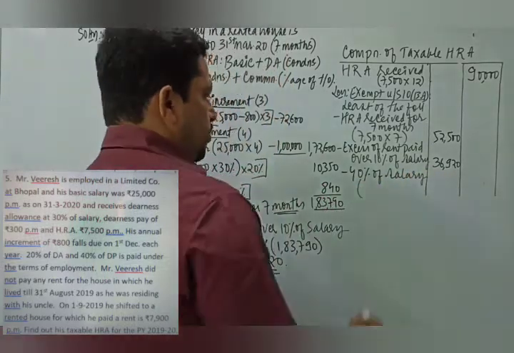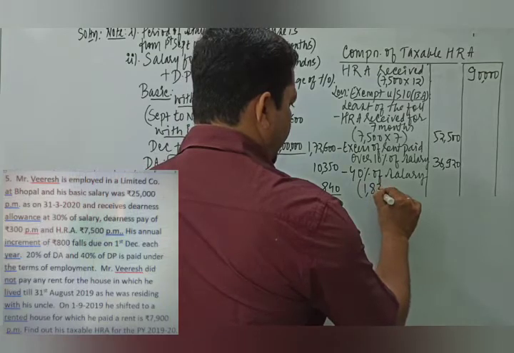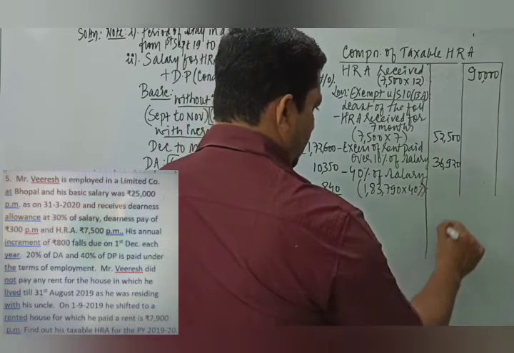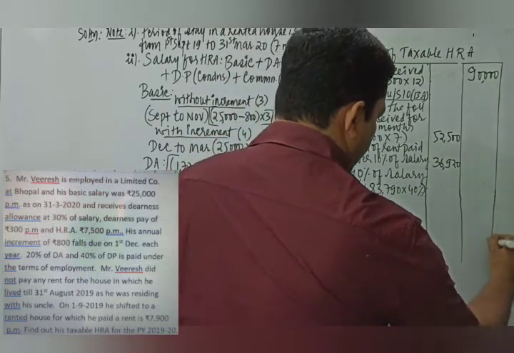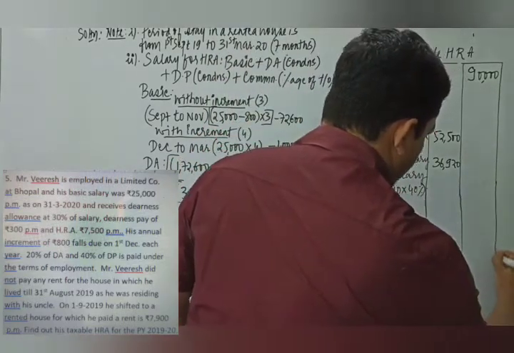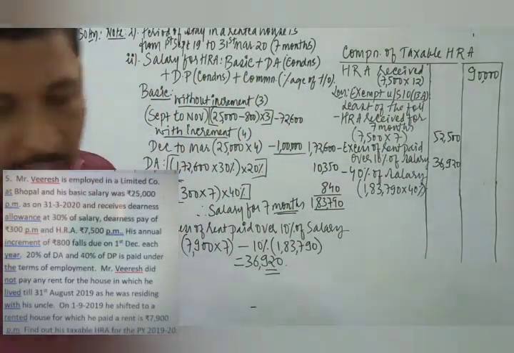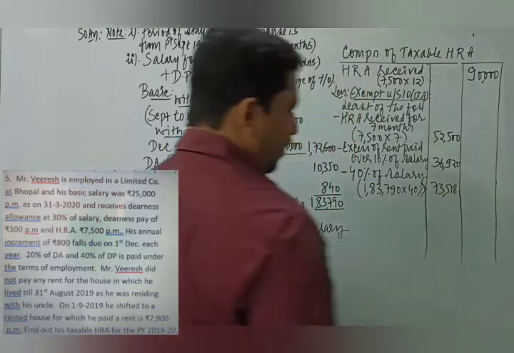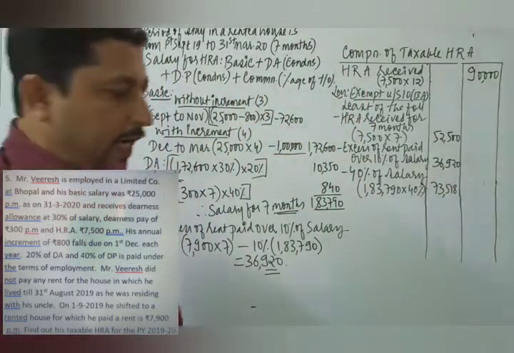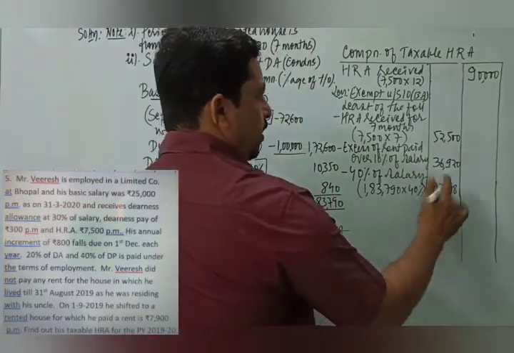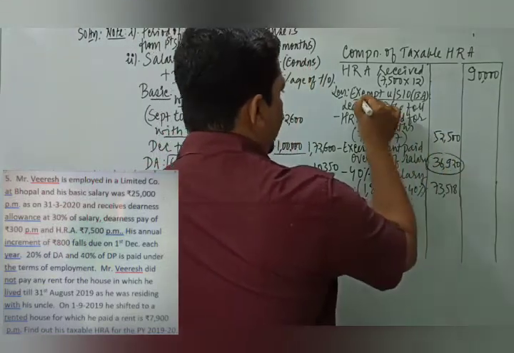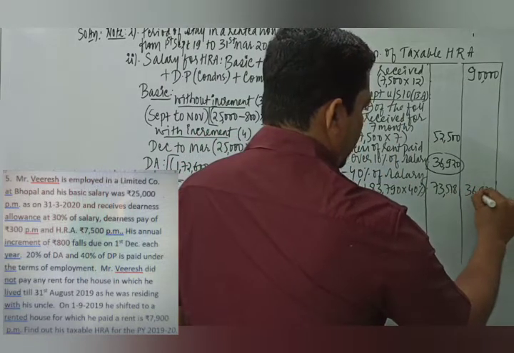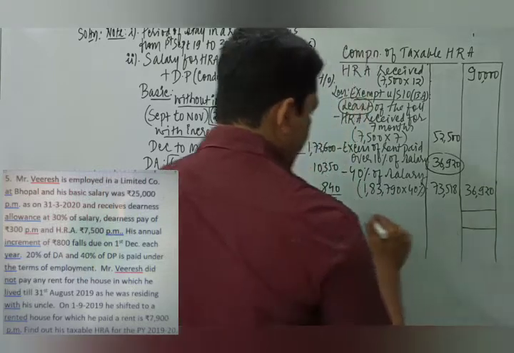So we have salary is 1,83,790 into 40%, which would work out to 73,518. So among the three criteria we see 36,920 is the least. So that will be exempt.